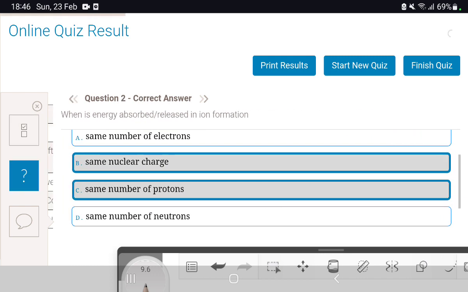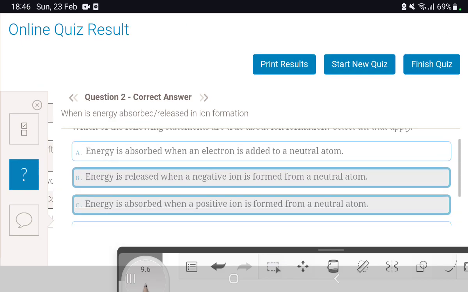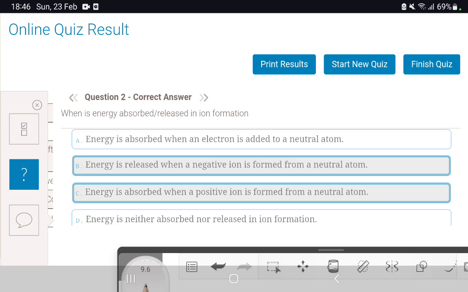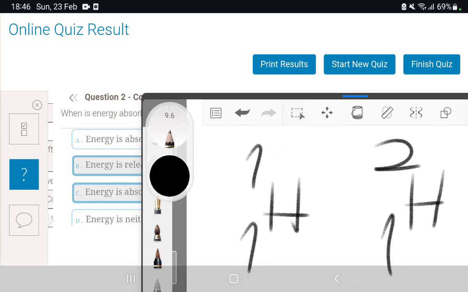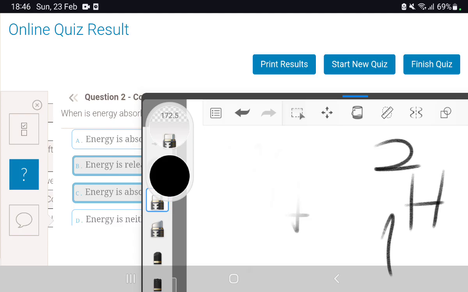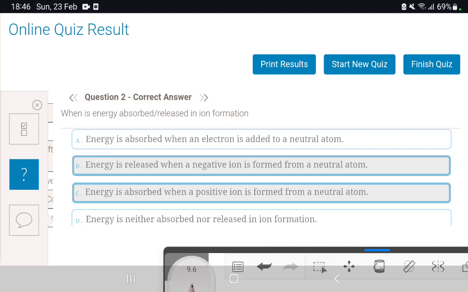Number 2. Which of the following statements are true about ion formation? Energy is released when a negative ion is formed from a neutral atom. So how can I say this? For these two statements you're going to have to memorize them, but for the second option I have a quick explanation.